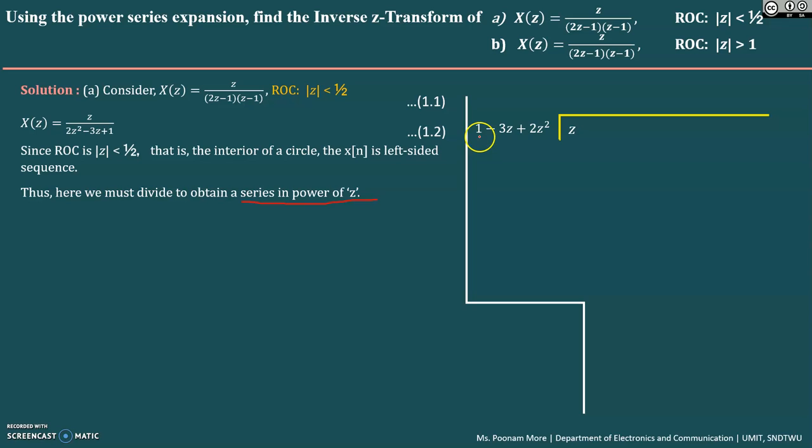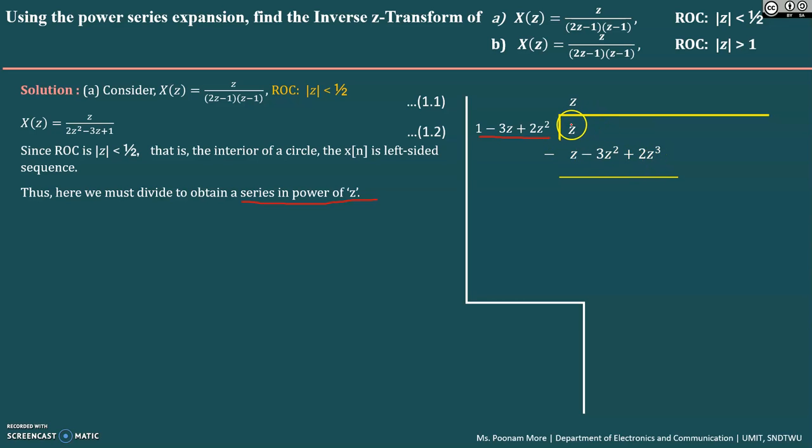We have rearranged our denominator such that it will be in the form of increasing power of z. Here, first we have to perform a division with a z, therefore we have to multiply this divisor with a z, and by multiplying z with this equation we will get the first term as z, because z into 1 is equal to z, then z into minus 3z will be equal to minus 3z square, and then z into 2z square will be equal to 2z cube.